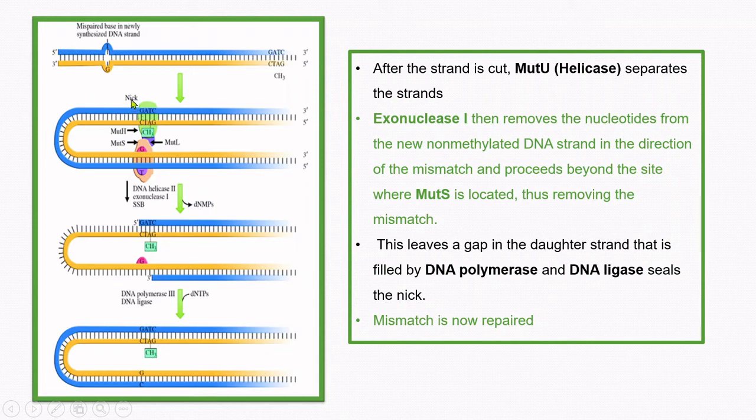So MutH will make a cut over here, and then it will remove the nucleotides from the new non-methylated strand in the direction of the mismatch, and it proceeds beyond MutS.